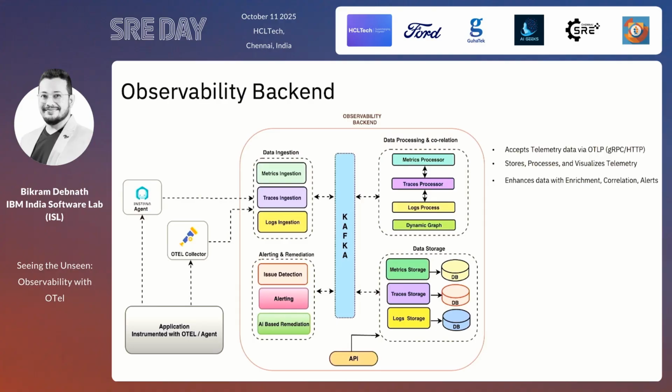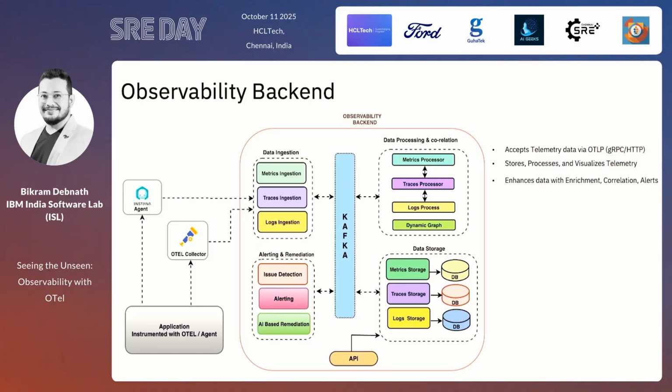Now, as we have all the raw telemetry data with us, the observability backend is capable of figuring out whether any anomaly is happening in your system or not. Based on that, it can create different kinds of issues and alerts. Most of the mature observability systems not only help you find the events, they also help you find the probable root cause, with AI-based remediation.